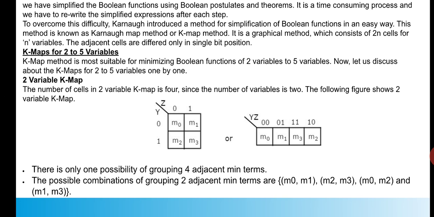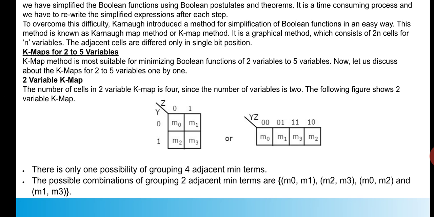Adjacent cells, or adjacent min terms, should be grouped. Now, the possible combinations of grouping two adjacent min terms are m0 m1 and m2 m3, then m0 m2 and m1 m3.